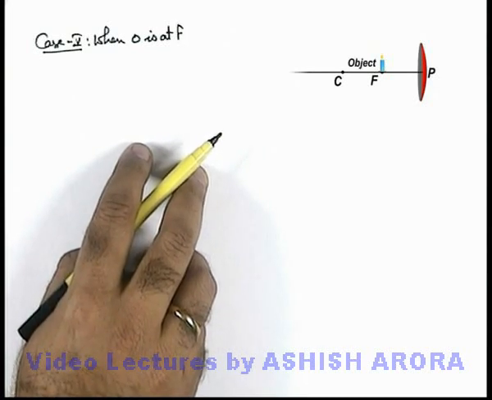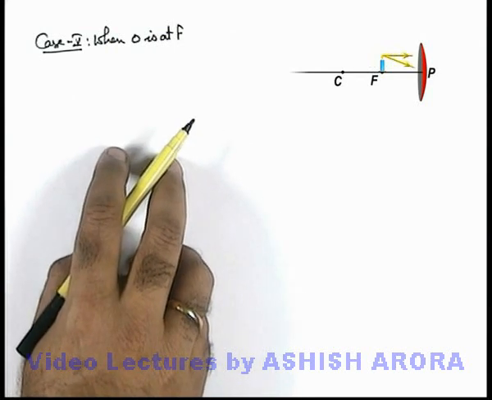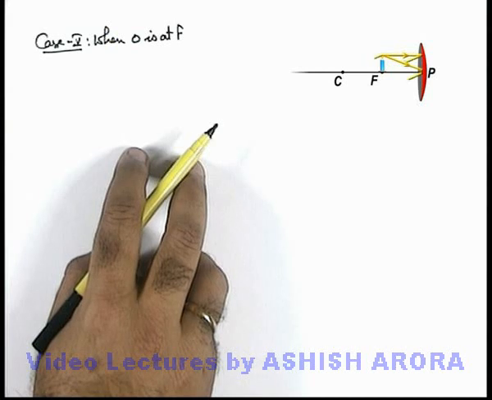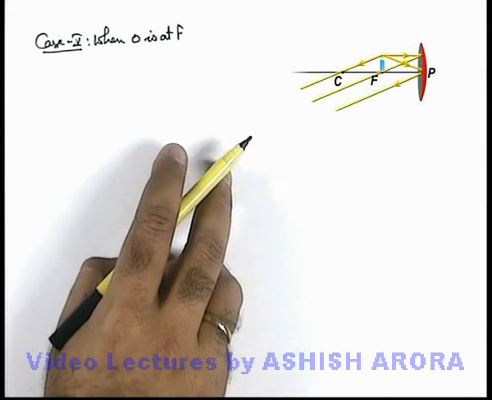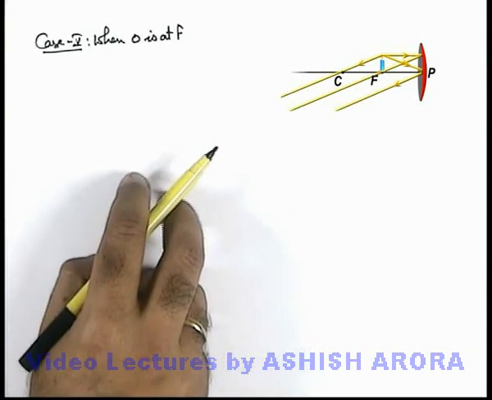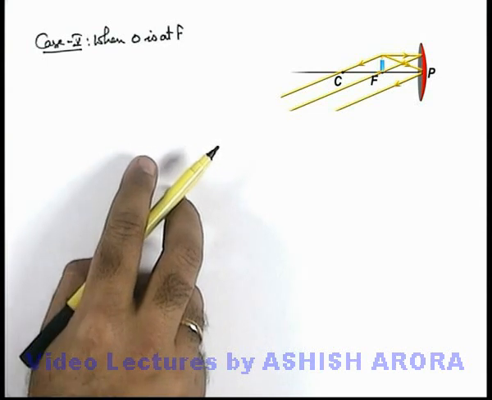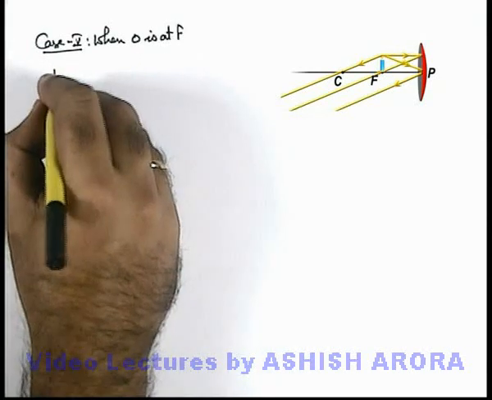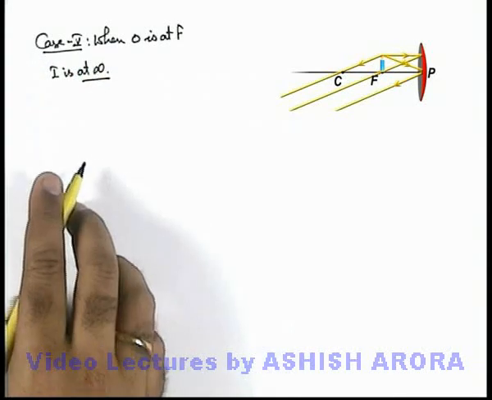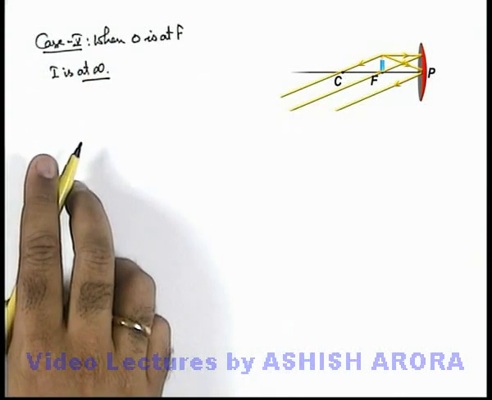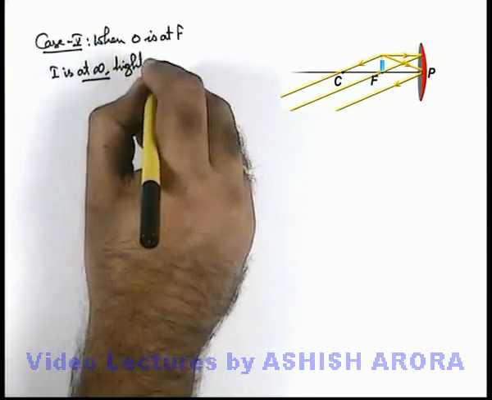From the tip of the object, if we consider two rays, one on the pole and the other parallel to the principal axis, and say we consider one more ray passing through the center of curvature, then you can see after reflection all rays become parallel, and finally the parallel rays produce the image at infinity. So in this situation we only write that the image is at infinity. In this situation we never talk about the nature and orientation of the image, and here you can also write it as highly enlarged.